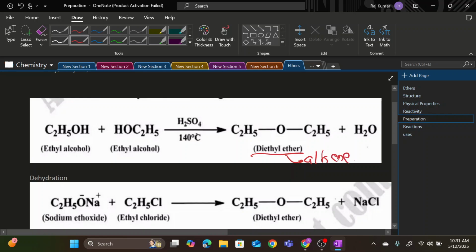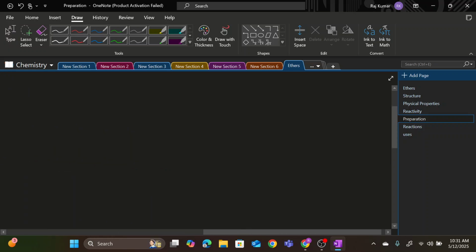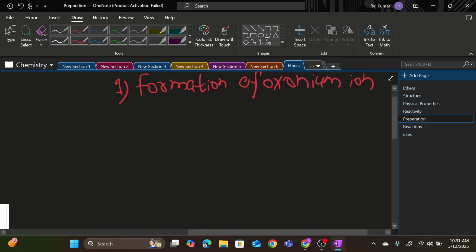Now the reaction mechanism of ether is pretty simple. It only includes two steps. Number one step is the formation of oxonium ion. It is a general reaction mechanism for all types of reactions.